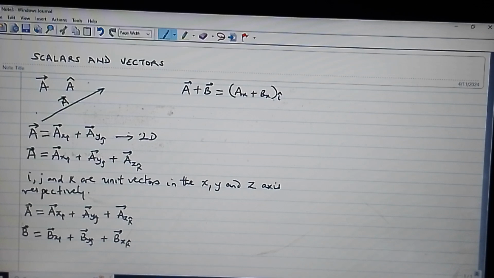The i signifies that both of them are in the x axis and i is a unit vector. Plus A_y plus B_y j plus A_z plus B_z k.